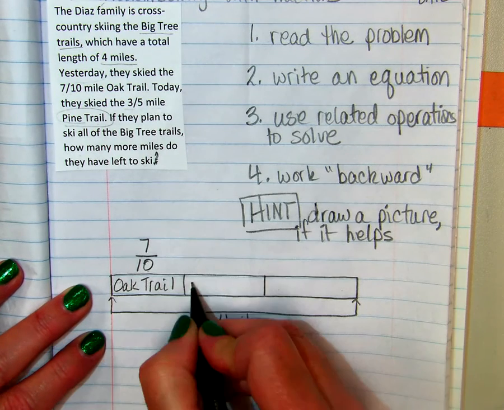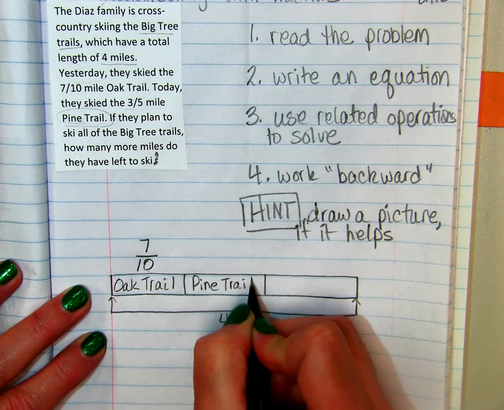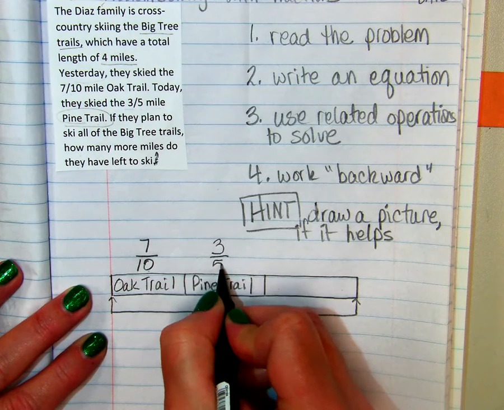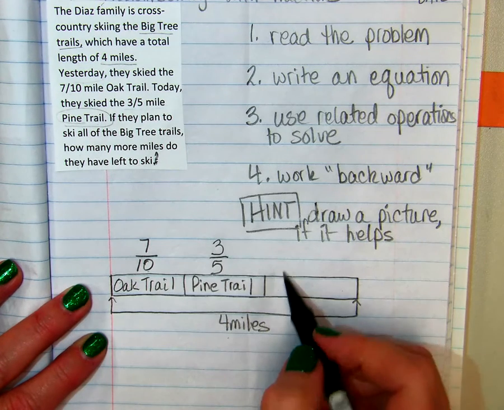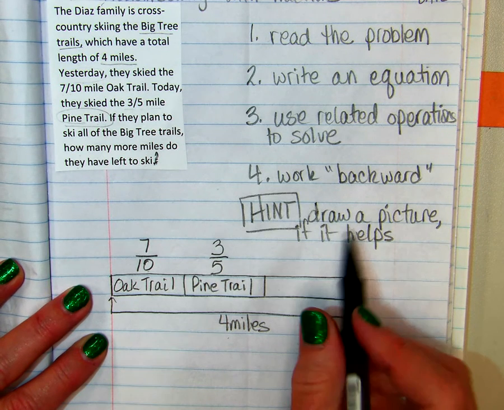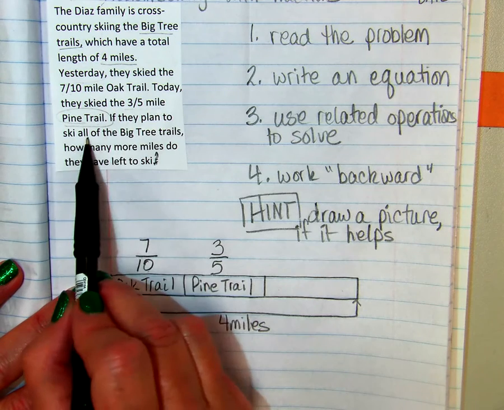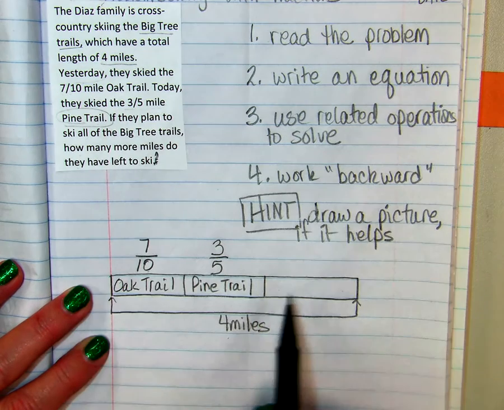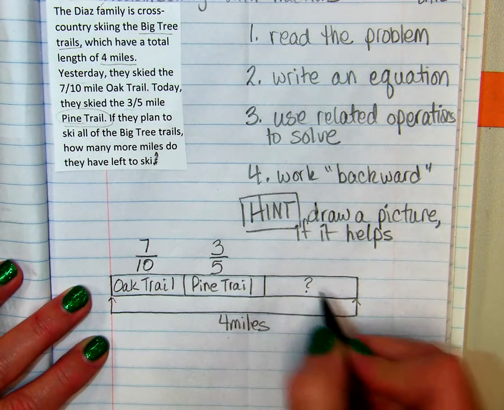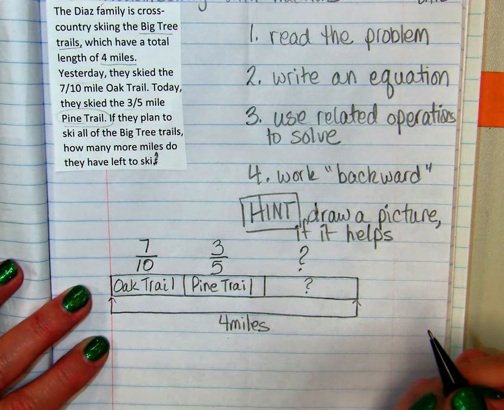So we've got Pine Trail, put that there, and let's put 3/5 above that. Now, we're not too sure what the rest of this is or how long it is, but we know they want to ski all of it because they plan to ski all of the Big Tree Trails. They plan to ski all this 4 miles. So I'm just going to put a question mark there. Question mark here. I don't know what that is, but here we go.